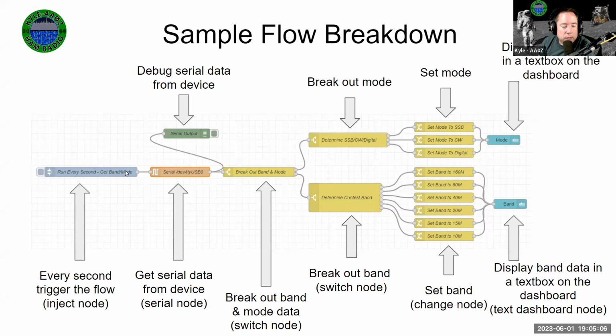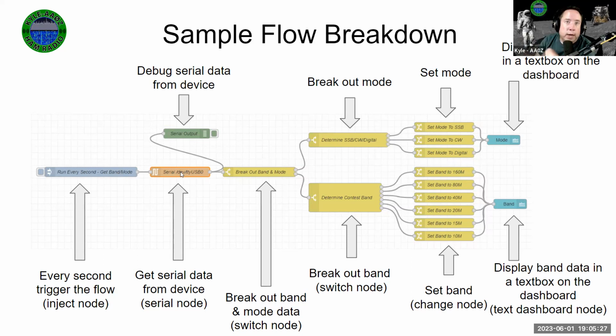And then every second, let's say there's an Elecraft, and we've got this connected to our Node-RED Raspberry Pi. So we might inject a string, and let's say we inject an M for mode and a B for band, okay?